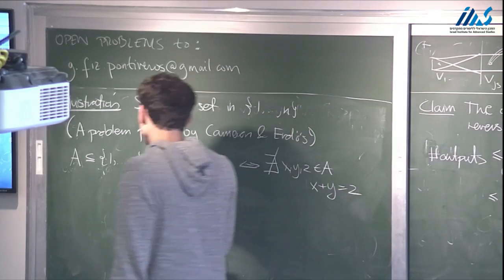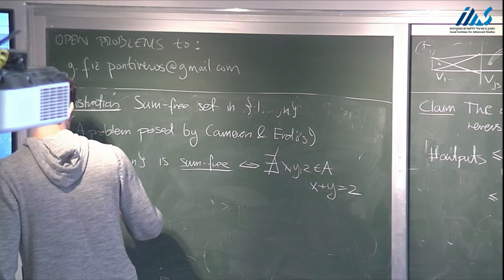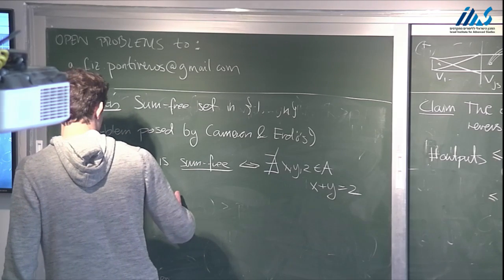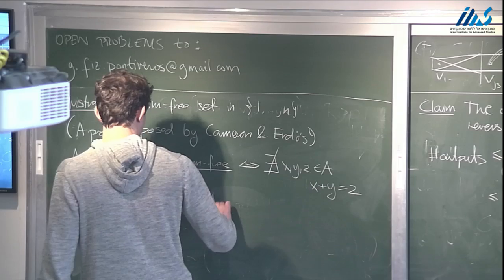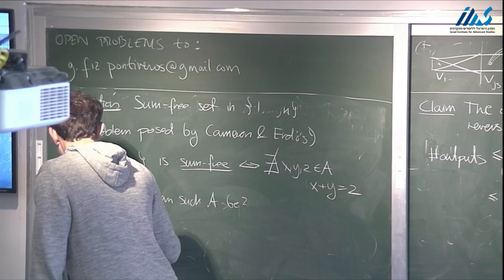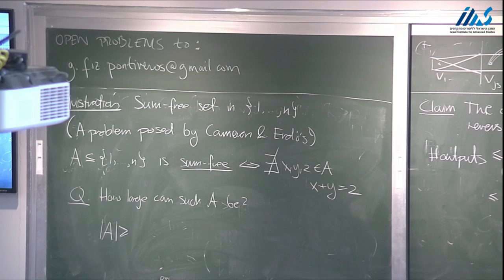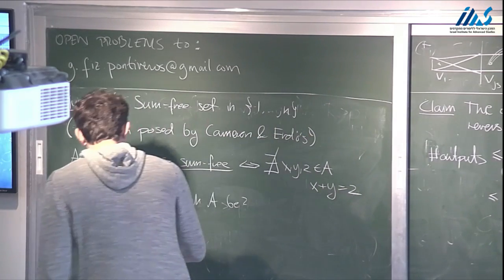Now, one might ask how large can such an A be? There's a fairly easy lower bound. So what would be your guess? How many elements can I take from 1 to n if I want to avoid having sums? Yeah, so I can either take the top half, or take the odd numbers. So there are 2 candidates.